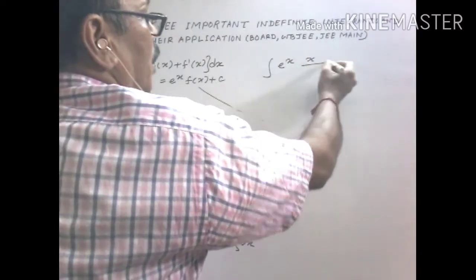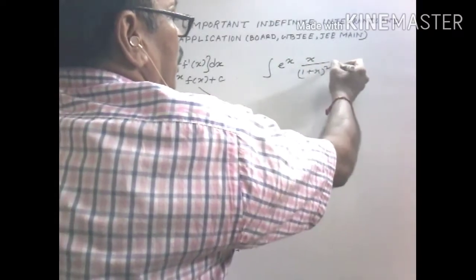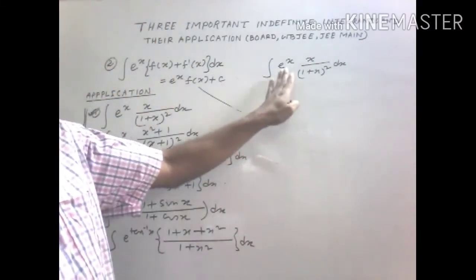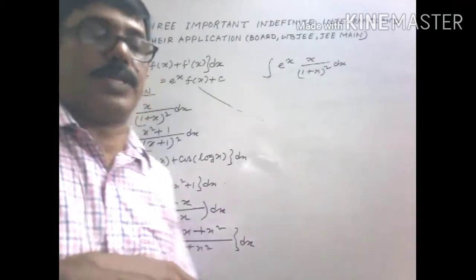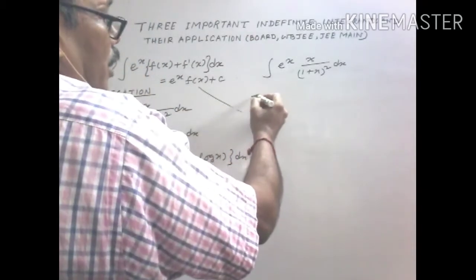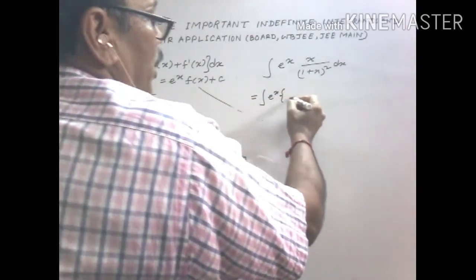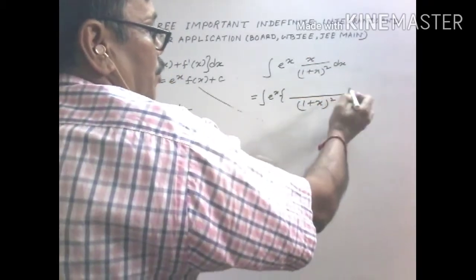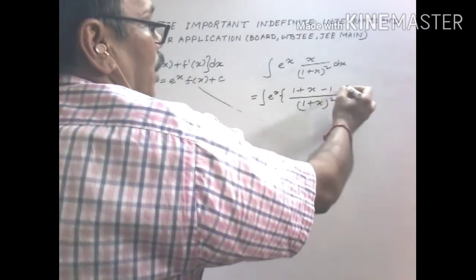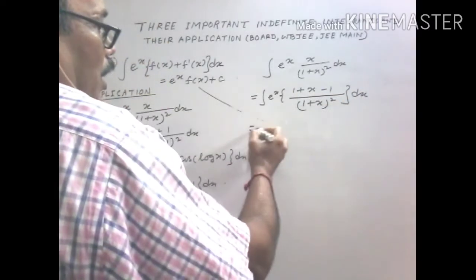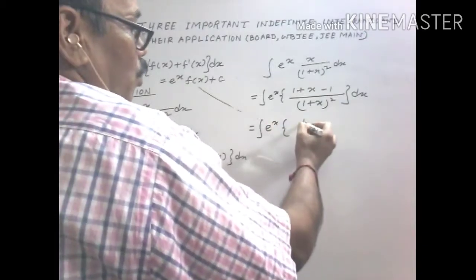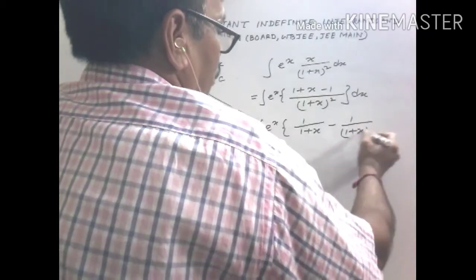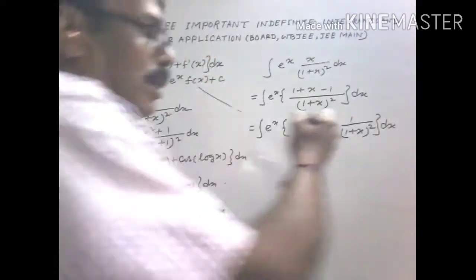The integral of e to the power x, x by 1 plus x whole square dx. Now look, we can use the above rule if it is of the form e to the power x, fx plus f dash x. This is not given directly, so you express the numerator in terms of the denominator. The denominator is this, so this is 1 plus x minus 1 dx. Now e to the power x, 1 by 1 plus x minus 1 by 1 plus x whole square dx.